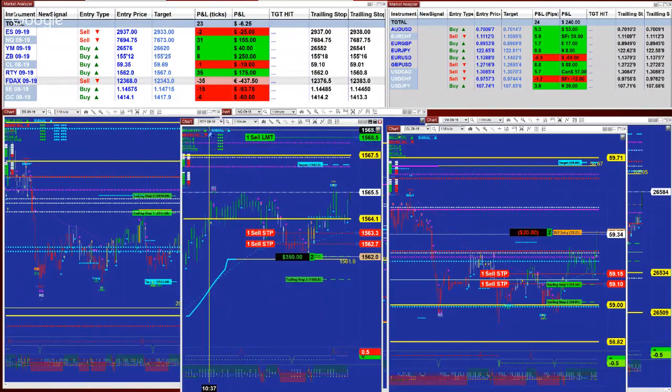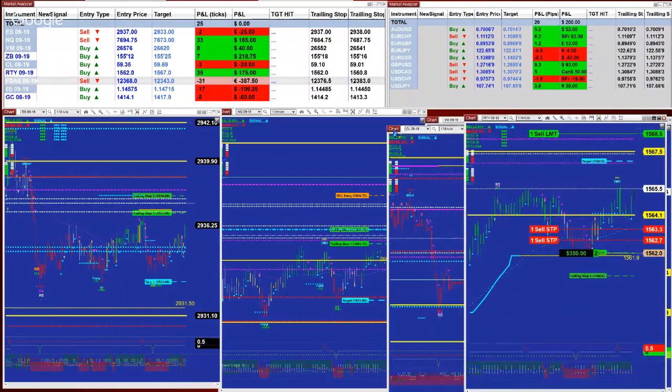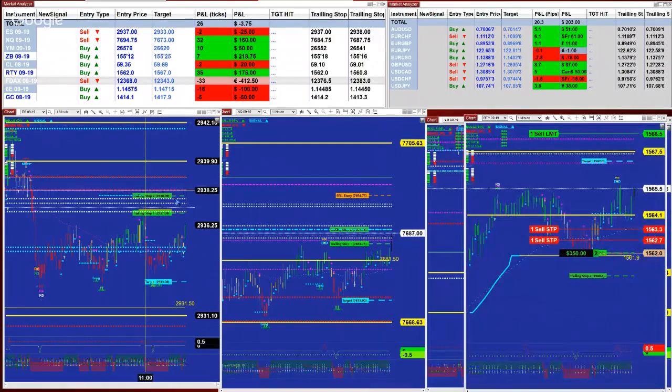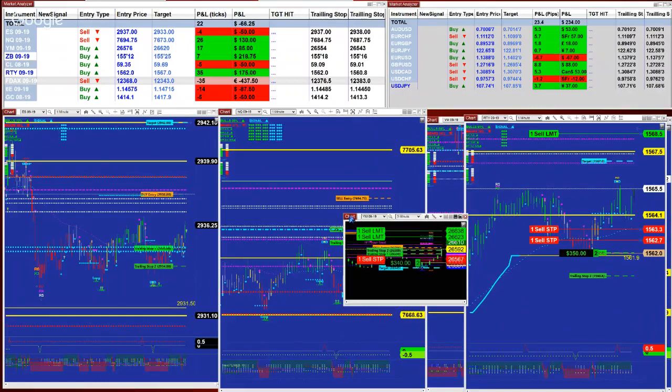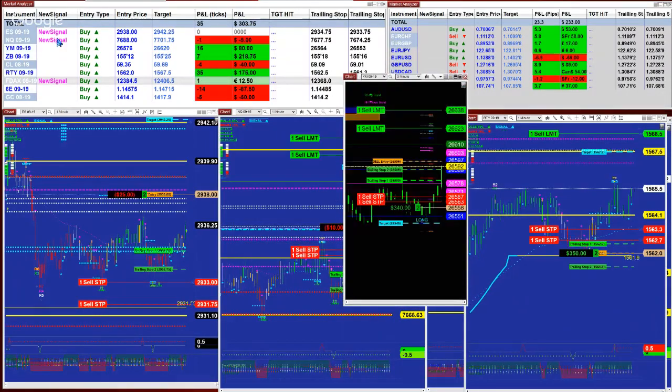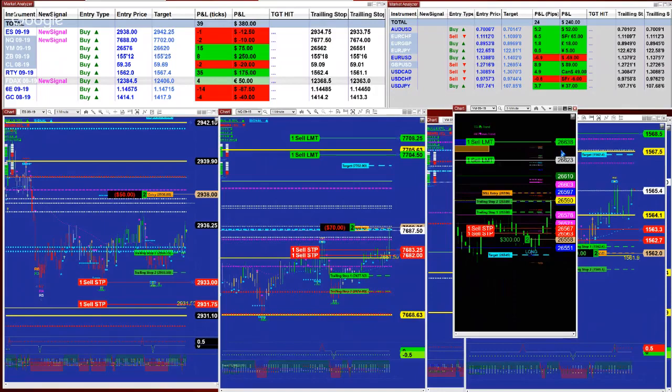We need to keep our eye on the NASDAQ. We are coming with a new signal on the ES, a new signal on the NASDAQ, buy at 688, 638. This little one, it was a much faster prediction.